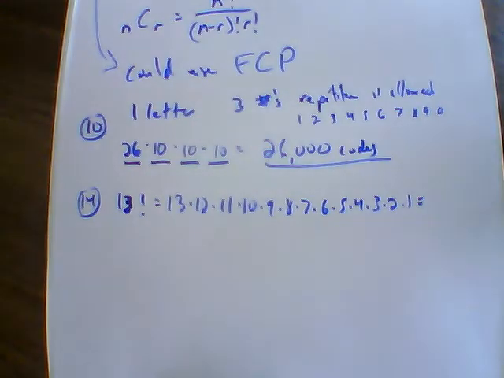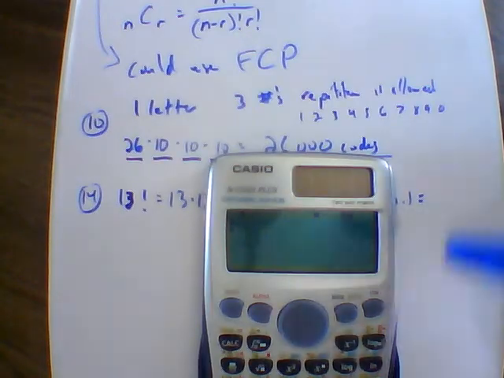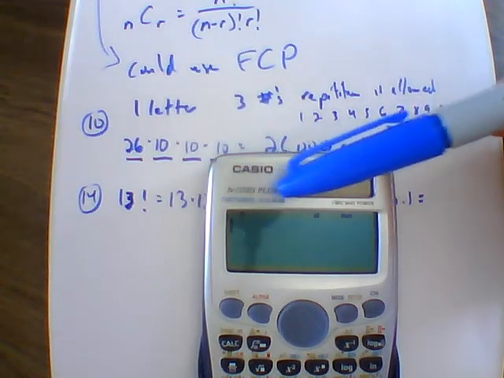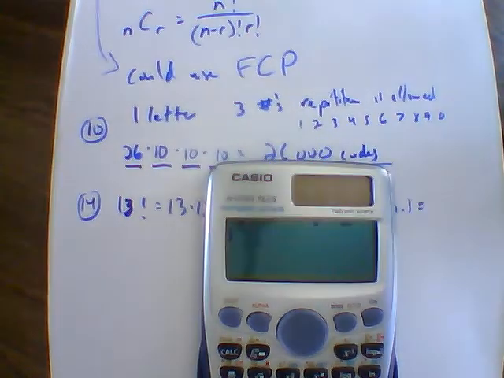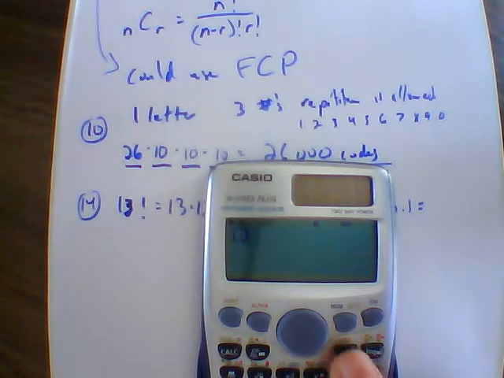And then we could write it out. Or if we have our trusty calculators, once again I like the Casio FX 115, I have the ES Plus, there are different versions of this 115. We could type in 13, and then if you hit shift and then this x to the -1 power, notice then we have a factorial button right there. It brings an exclamation point.